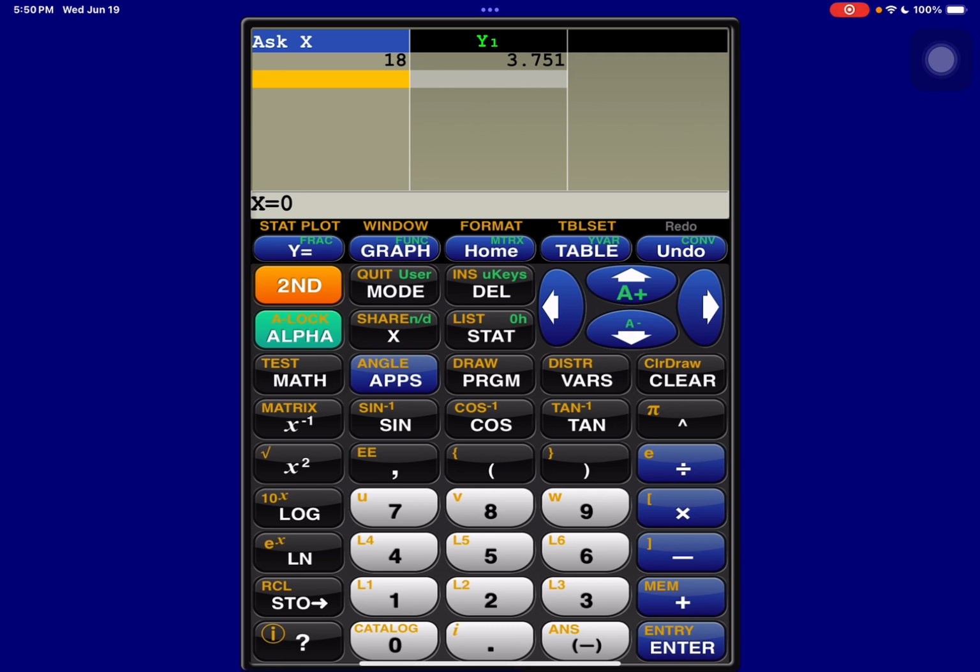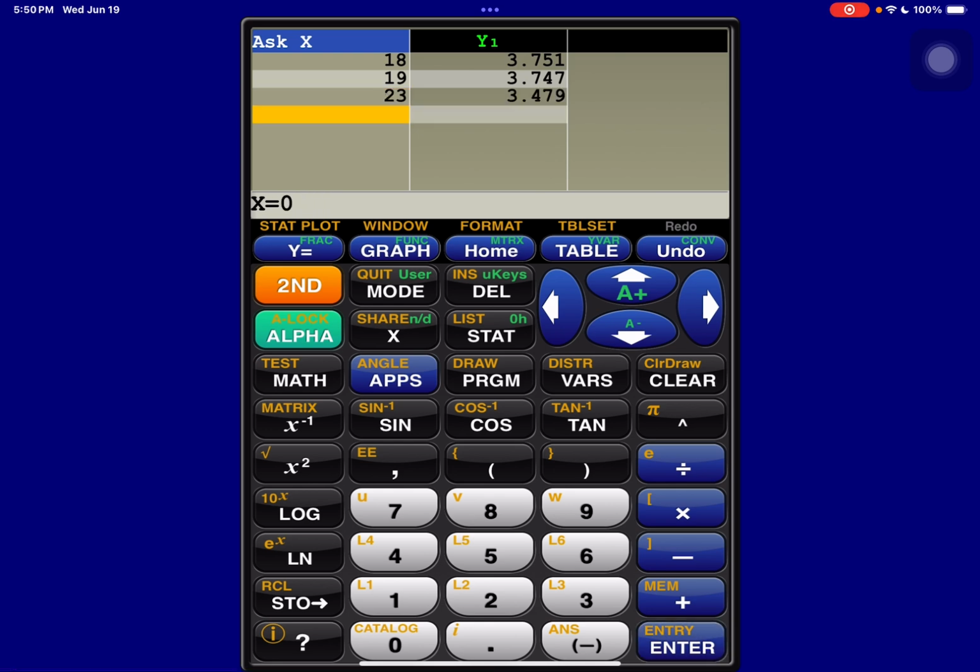$3.75. So that's more. And we're looking for during which time, what year, did P of T reach its maximum, right? So not that year. If we put in 19, right? The price is going down, right? And then if we put in 23, the price is still going down.